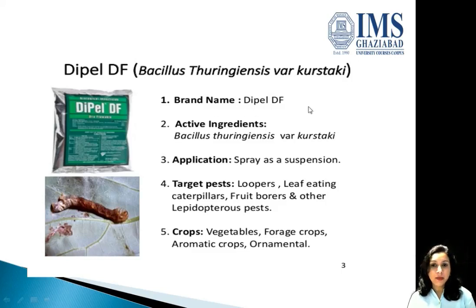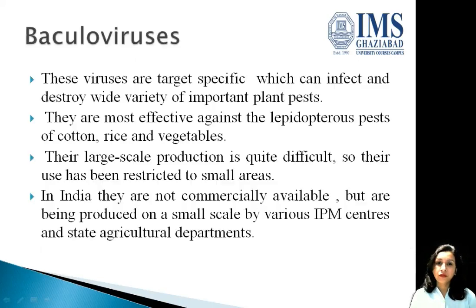The brand name is DiPel DF, and the active ingredient is Bacillus thuringiensis Kurstaki. Application: it is applied in the form of a suspension or is sprayed. The target pests are loopers, leaf-eating caterpillars, fruit borers, and other Lepidopterous pests, as BT is mainly targeting Lepidopterans. The crops which are protected are vegetables, forage crops, aromatic crops, and ornamental crops also.